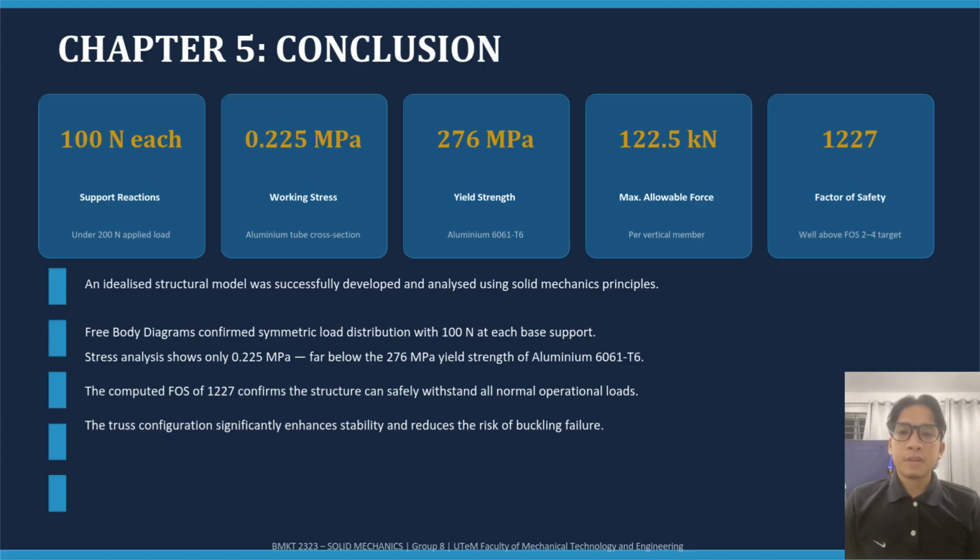Second, the resulting working stress of 0.225 megapascal is completely safe against the 276 megapascal yield strength of the aluminium 6061 T6. And finally, our factor of safety of 1227 proves that this aluminium truss lectern is exceptionally stable and structurally reliable for any public use event.